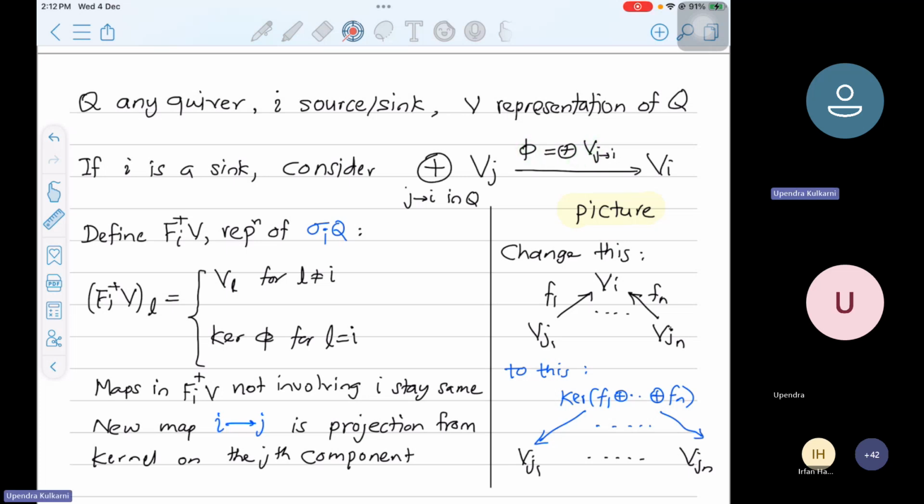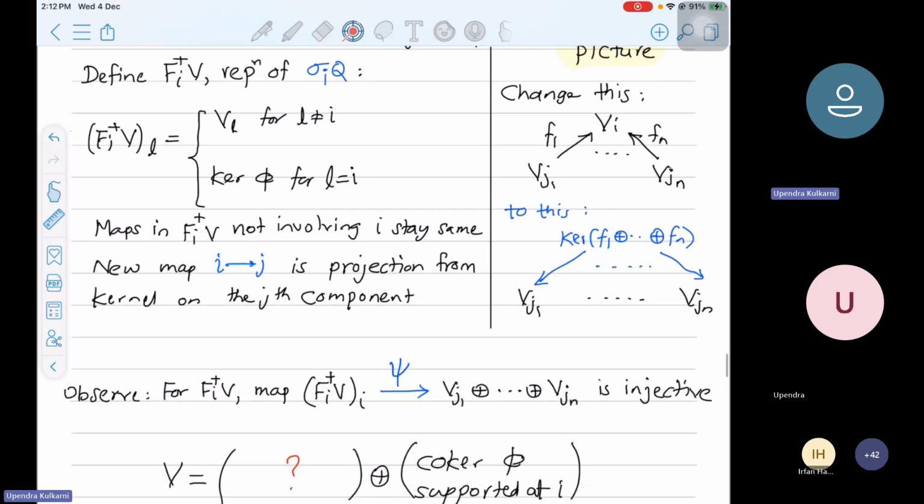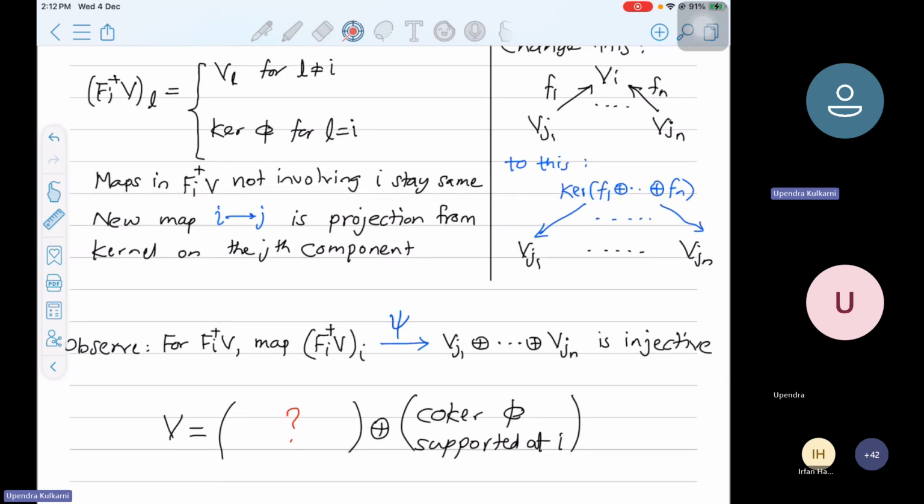We explained at some length yesterday that in the original representation itself, if this map phi is not onto, then I can simply split off the co-kernel of this map, which will be some vector space, and put that co-kernel on vertex I and put zeros everywhere. And that will be a direct summand of V itself. Okay, so V is going to split off as the co-kernel of this map phi, which is supported at I.